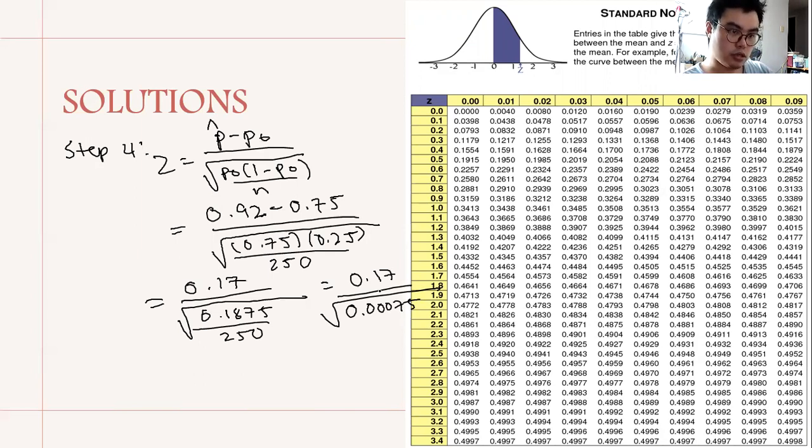Okay, so now we're going to divide 0.17 by the square root of 0.00075, so it will become 6.2075 or 6.21. Okay, so before deciding, we need to compare it with the critical values.